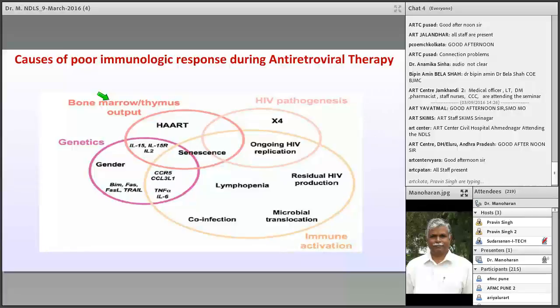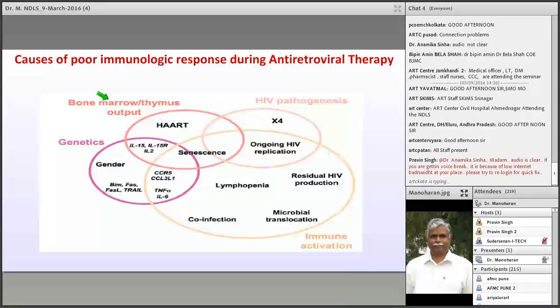So what happens? The thymic output is less in these poor immunological responders. When we look at the naive CD4 cells, the naive CD4 cell gain during the first 4 weeks of therapy is important, and there is a relationship between this and the abundance of thymic tissue.